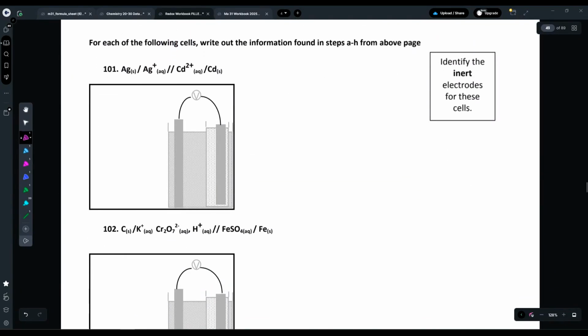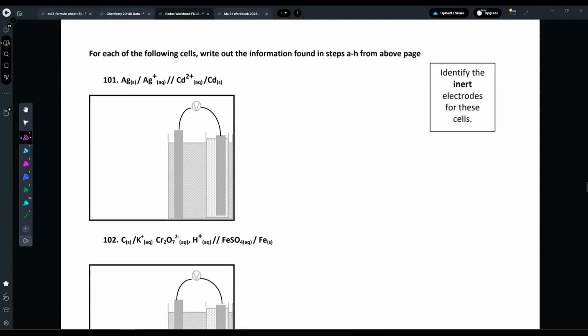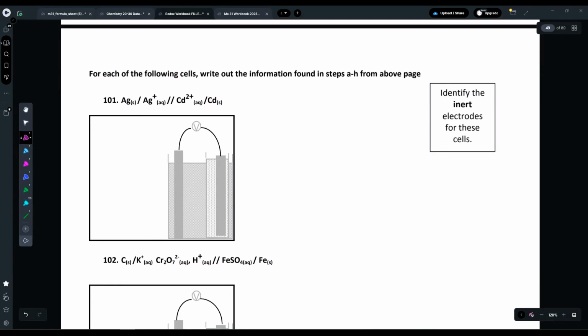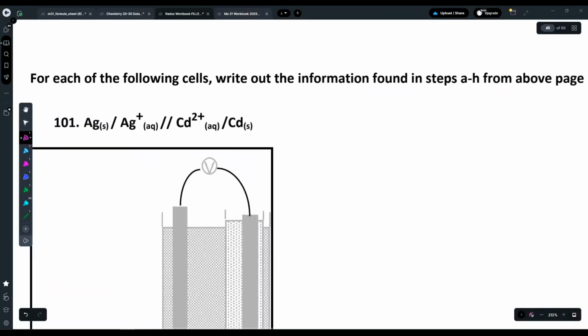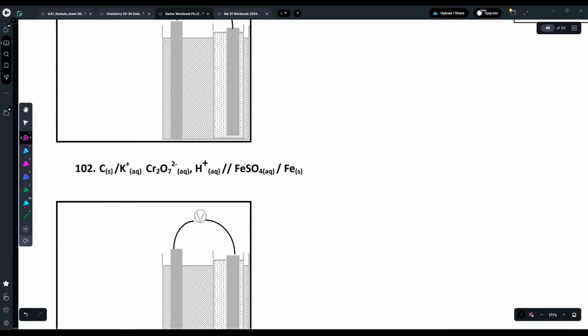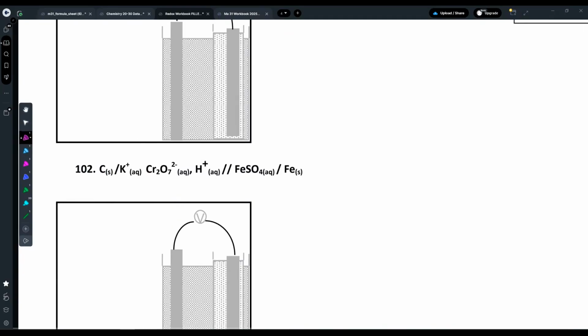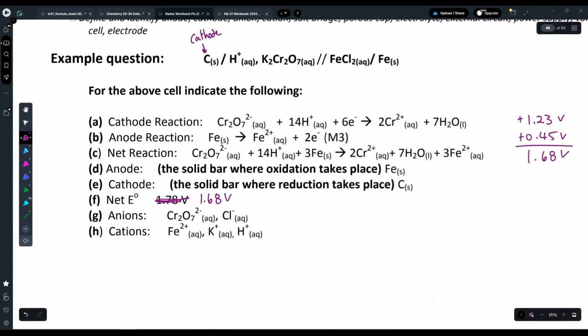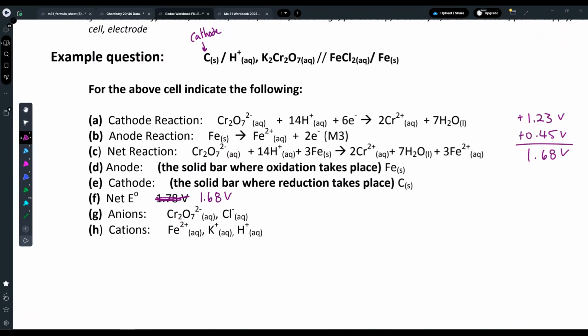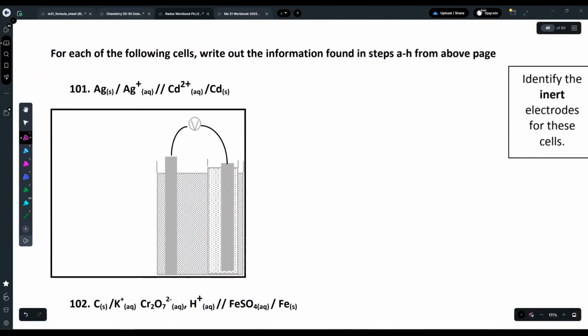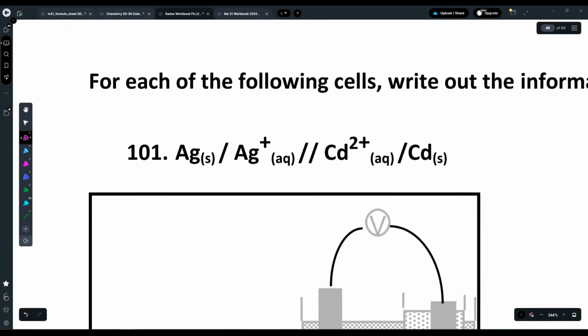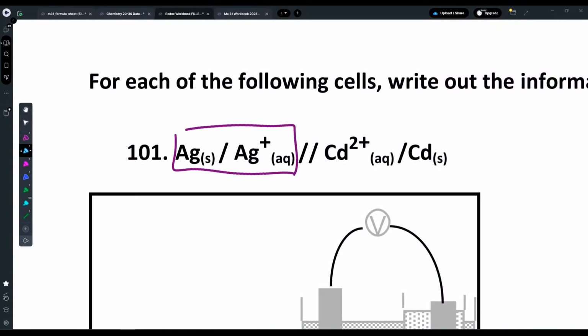So the example that I'm going to do here is going to be this one here. Okay, I was looking at 102, but it looked a little bit similar to this example that was just written out here. Okay, it is a little bit different though. So we've got our half cell and then we have our other half cell.